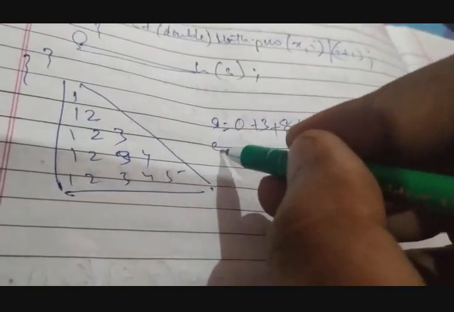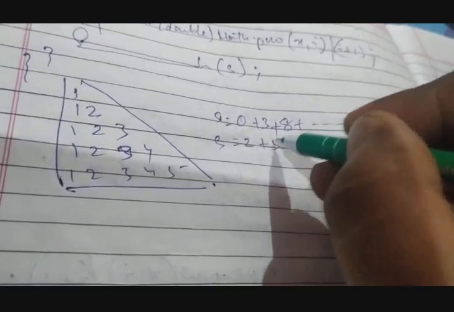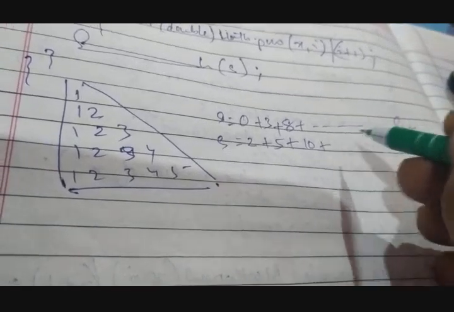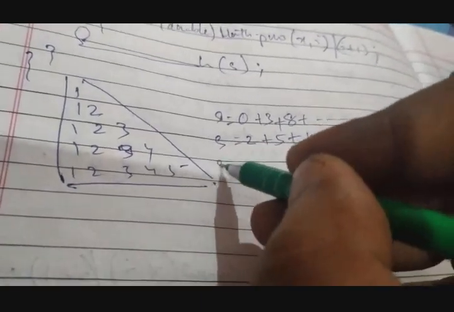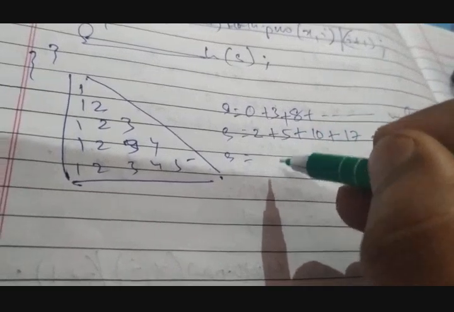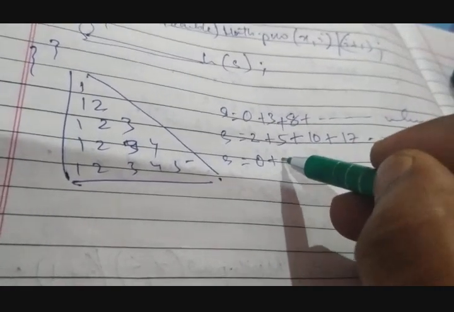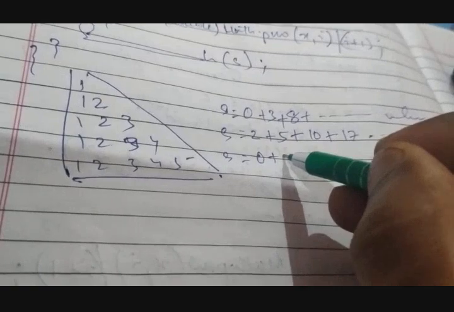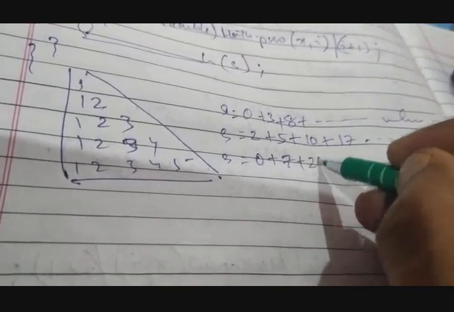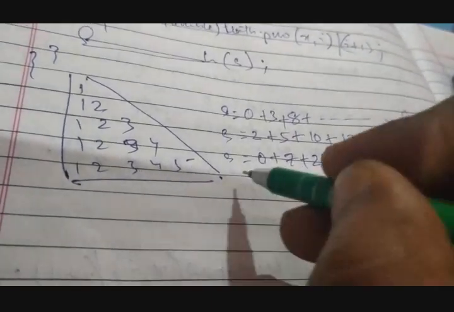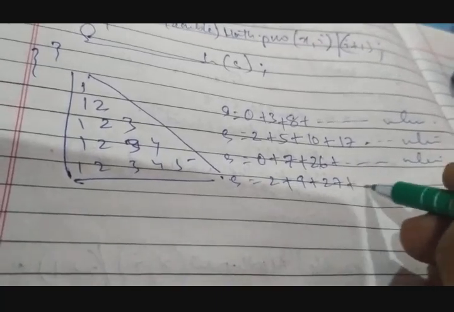One question. s equals to 2, 5, 10, 17 n times. s equals to you can have 0 plus 7, 26 plus dot dot dot n terms. s equals to you can have 2 plus 9 plus 28 plus dot dot dot n terms.